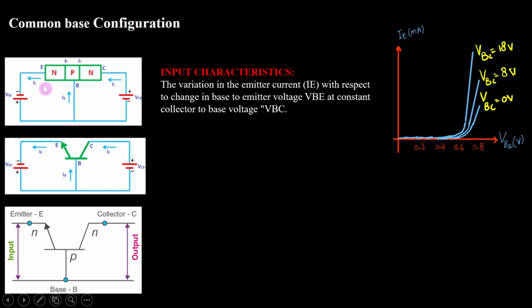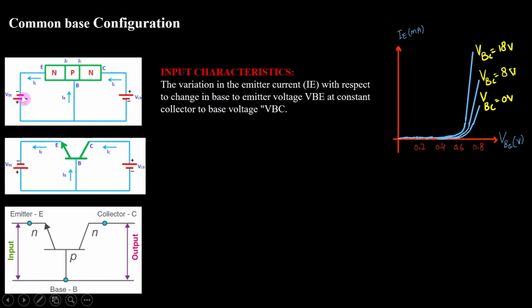Okay, and if we increase this further up to 0.6, this potential barrier will become less, and some of the electrons will start jumping, and a minor current will be up here. And this graph is going upward. Some minor current will be there when this voltage is up to 0.6.